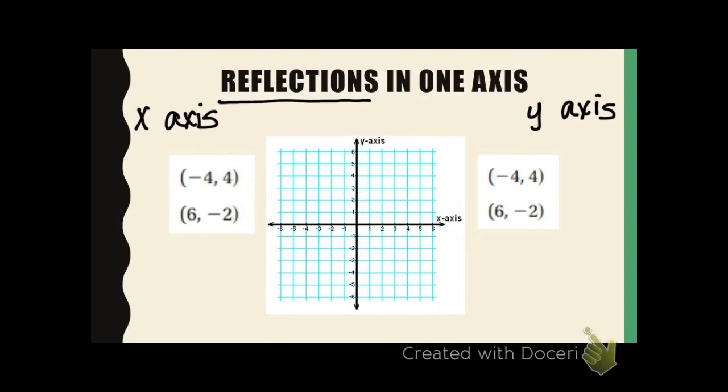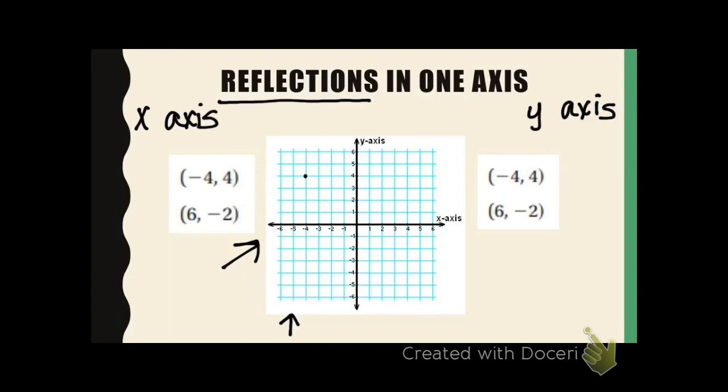If you're reflecting in the x-axis, that means you're going to go from top to bottom or from bottom to top. The x-axis is kind of like our fold line. So let's look at this. If I do -4, 4, I'm going to go across to -4, up to 4. Now, I want to reflect that. So what quadrant will I be reflecting it in?